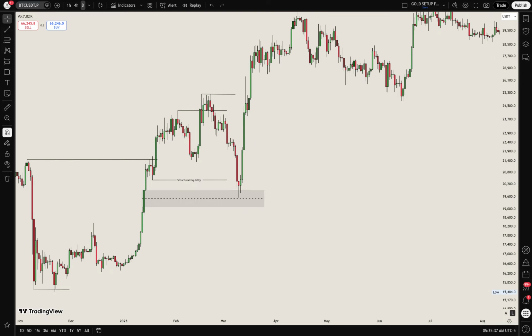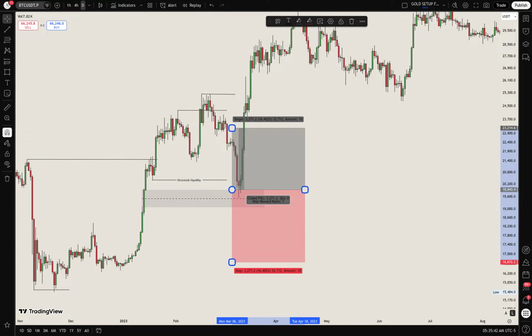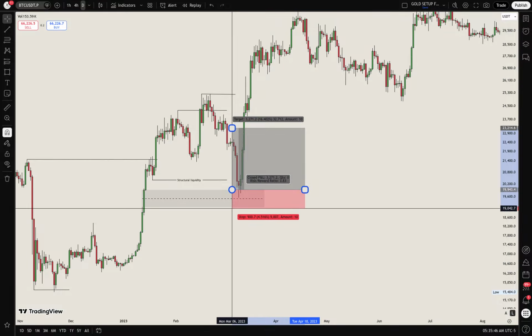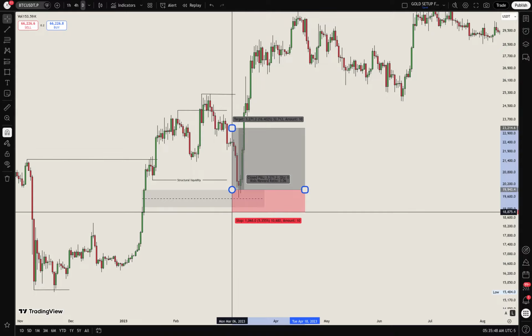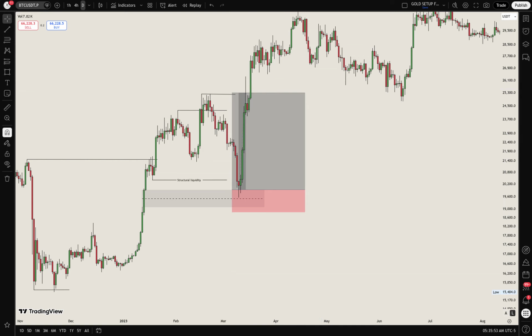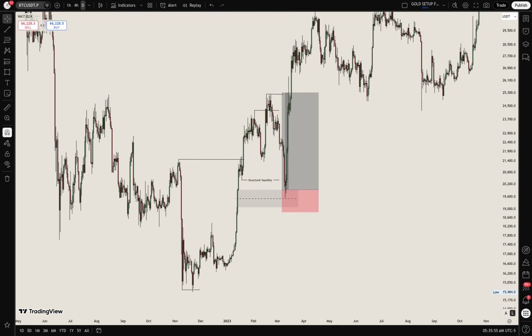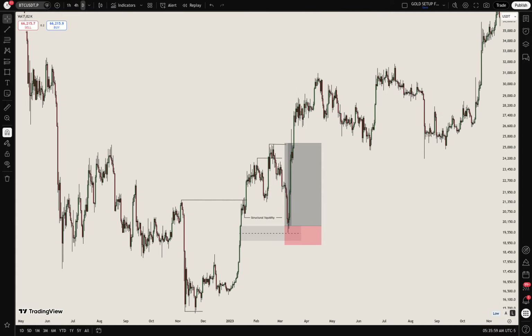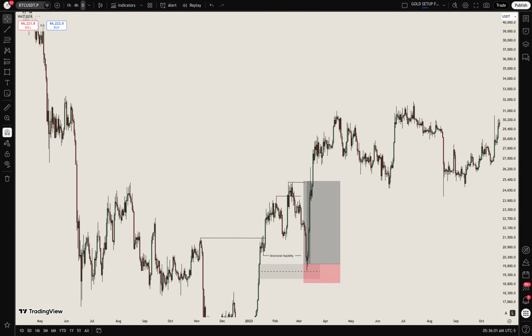You take your trades as so. Your SL below the FVG or below your zone, most preferably below the candle of the FVG. Then you target this high like this, and this is a trade with structural liquidity.